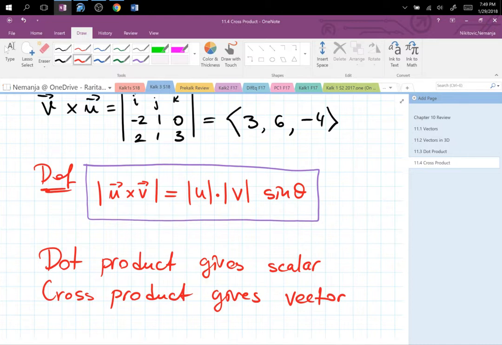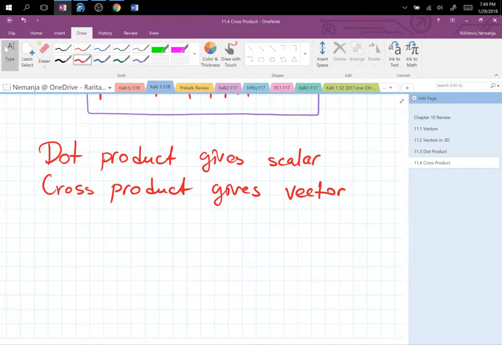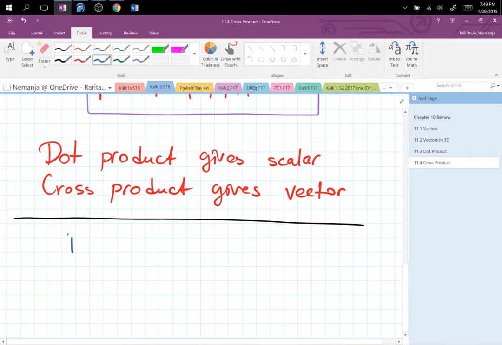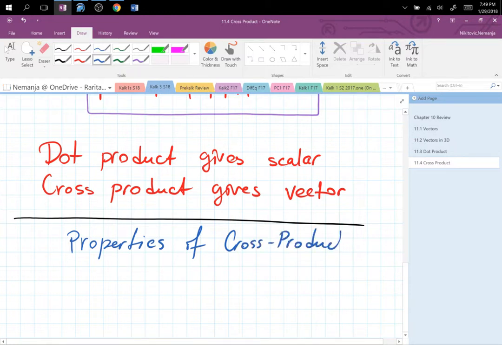The next question is, well, properties. Let's get that out of the way. Properties of the cross product.